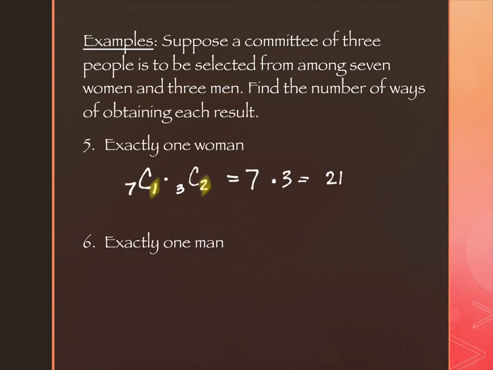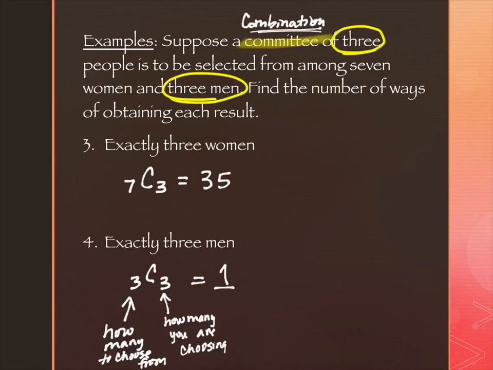How about exactly 1 man? What would that look like? 3C1, because there are 3 men to pick from. And then what? 7C2. Again, notice I am selecting all 3 people, 1 and 2. So I need 3C1.